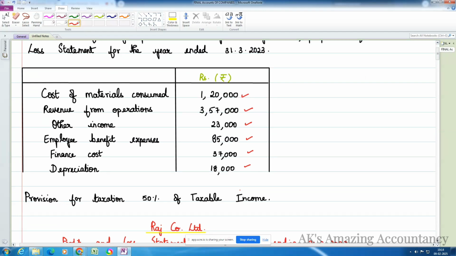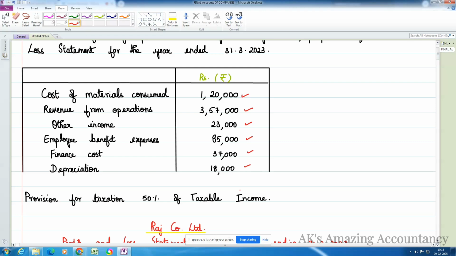As you can see, this is a very simple problem and it has only a few items given. Usually, whenever we prepare a statement of profit and loss, you should remember that we have 7 notes involved in it, starting from note number 1 till note number 7. As you all will know, the first 2 notes are revenue notes, that is income notes, and notes 3 to 7 are notes relating to expenses.